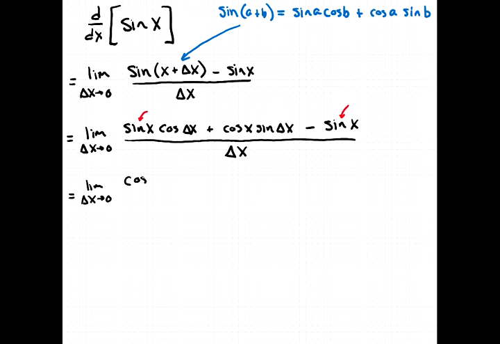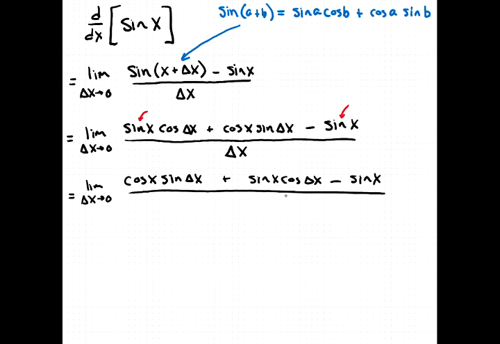So we have the cosine of x times the sine of delta x plus the sine of x cosine delta x minus the sine of x. Okay, so all I did was rearrange the terms in the numerator, and now we can look at these two terms and factor out a sine of x.